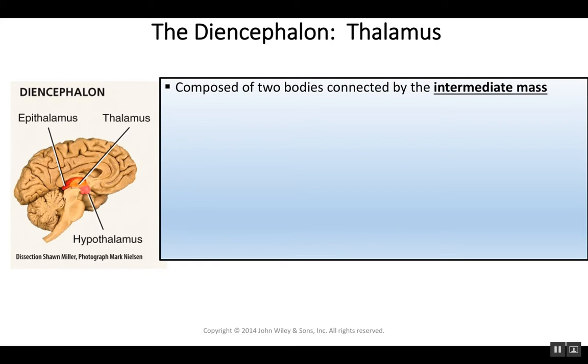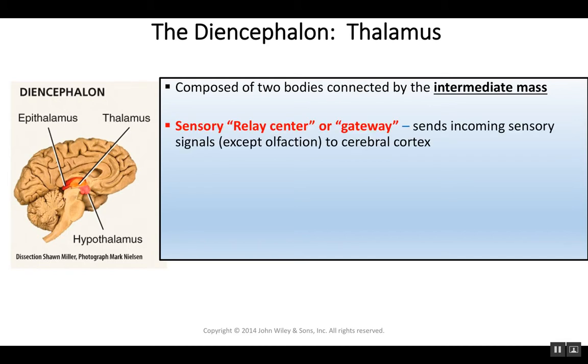Thalamus has a number of functions. What it's known mostly for is a sensory relay center, often called a gateway to the cerebral cortex.